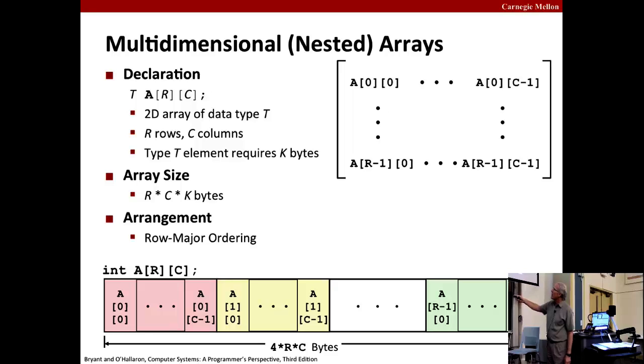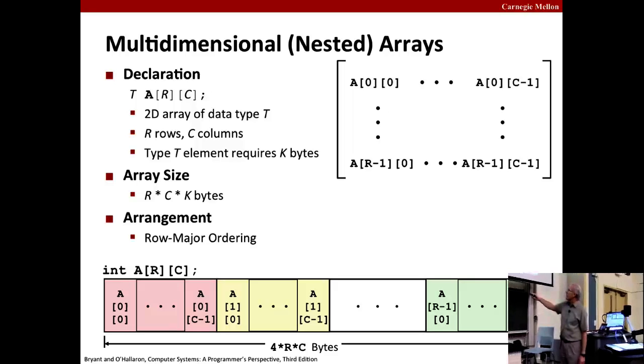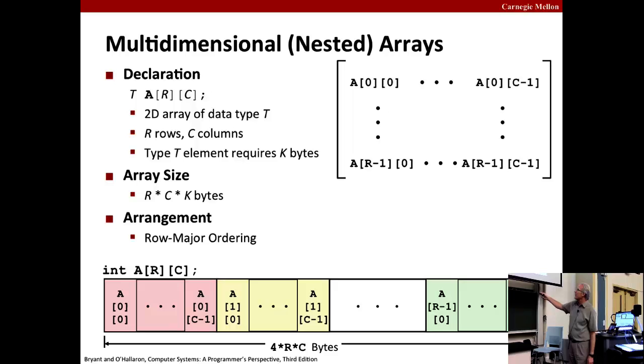It says, first of all, I want row 0 will be an array of C ints, C being the number of columns. So all the elements of row 0 will come first, all the elements of row 1 come next, and so forth up to the end of it all.